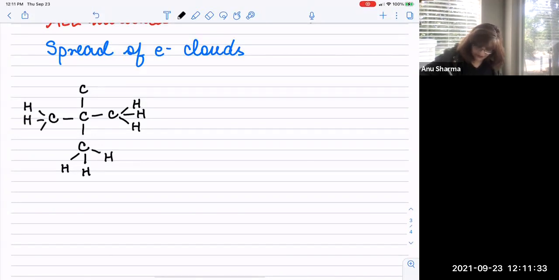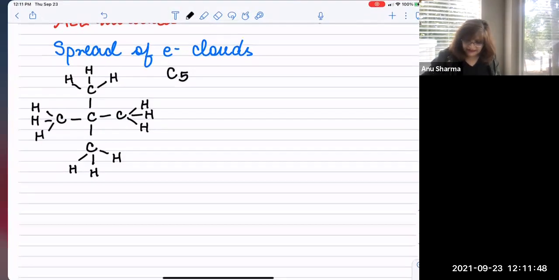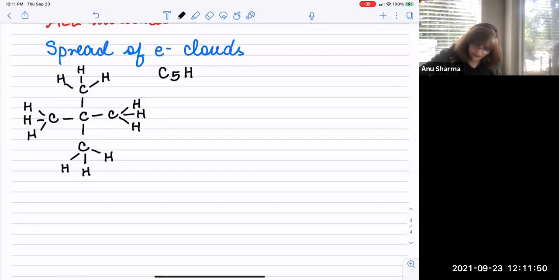So H and H, and then like a ball, right? So the spread of the electron cloud of the C5, and then look at the hydrogens, 1 through 12, C5H12.